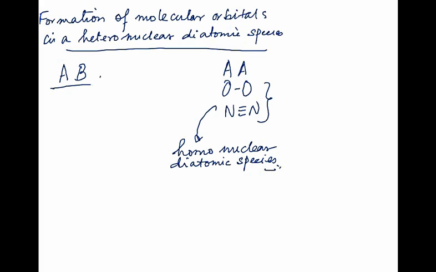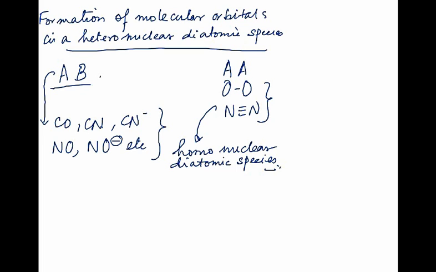So hereby we shall now see how the molecular orbitals are formed in the heteronuclear diatomic species of AB type. Examples of this AB type of molecule will be CO, CN, CN minus, NO, NO minus, etc. So these are all examples of heteronuclear diatomic species.